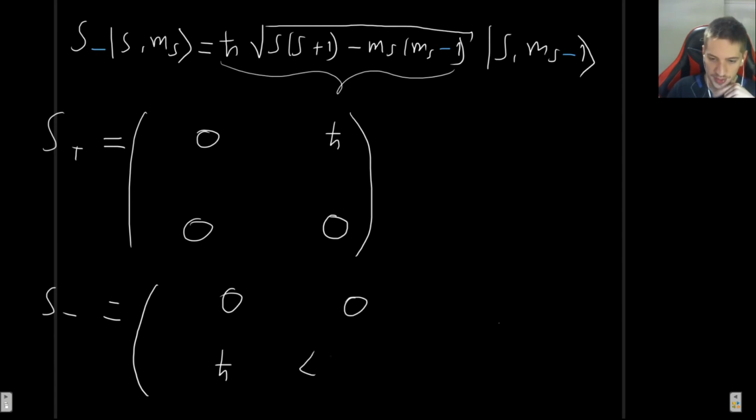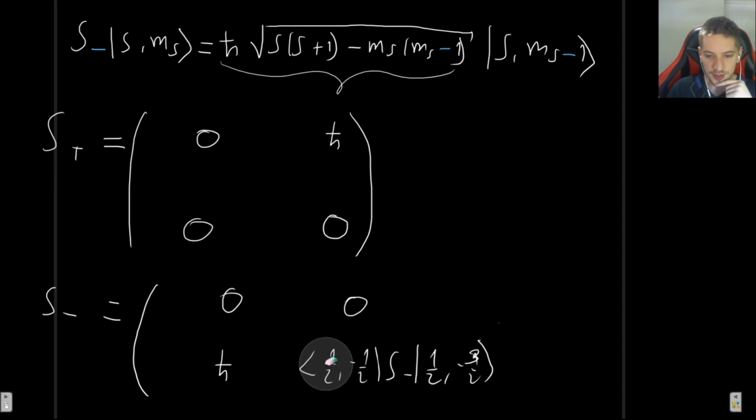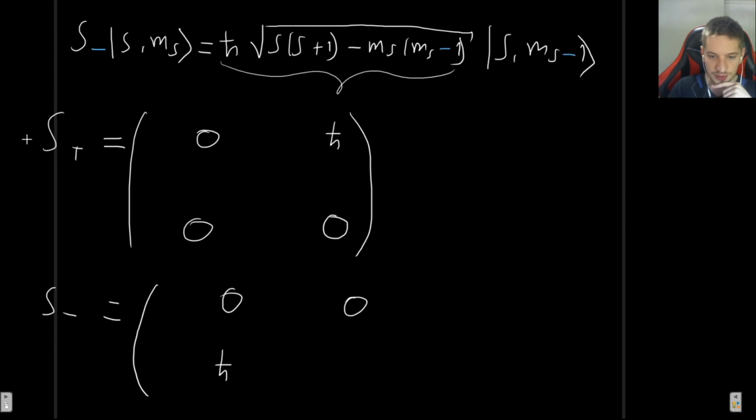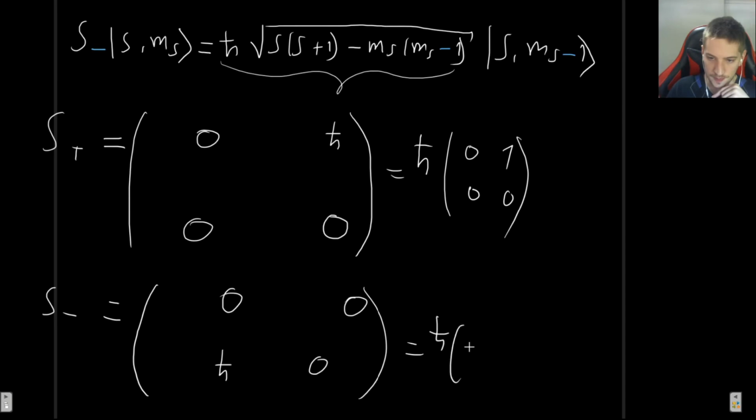And finally, this one right here, it's going to be 1/2 minus 1/2 s minus 1/2 minus 1/2. And when you apply the operator, this will go to minus 3/2, and it's going to be orthogonal once again. So this is also 0. And now, by the way, we can rewrite both of these matrices as just h bar times 0, 1, 0, 0, and this one h bar 0, 0, 1, 0.